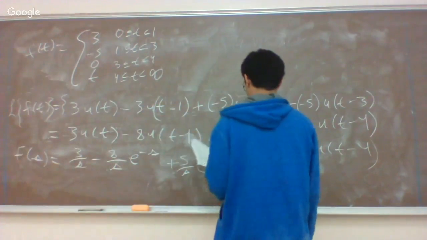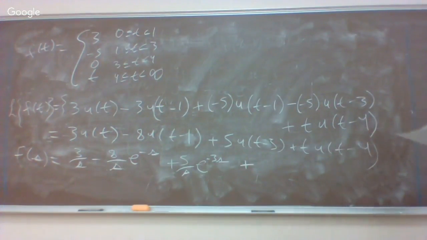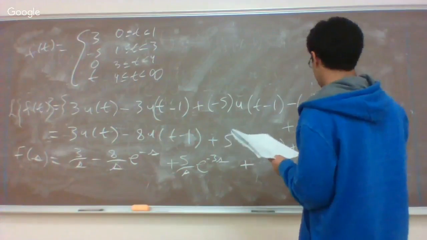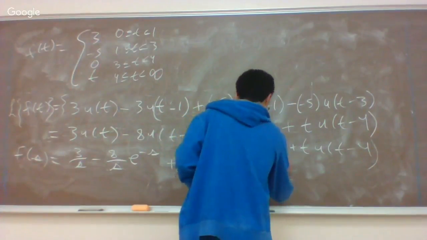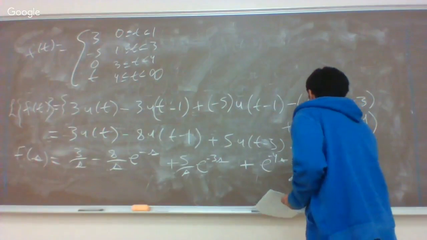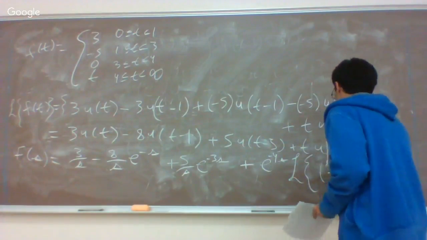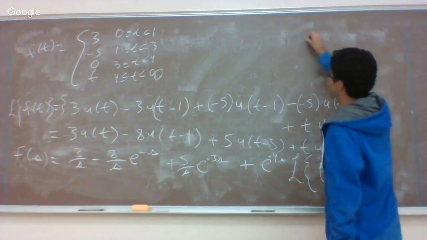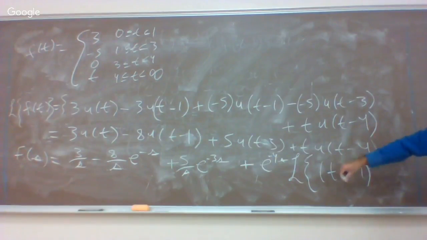So then this last part, it's u of t minus 4, so then I have e to the minus 4s. But I have to do the Laplace of t, which is t plus 4. Right? What is it, s squared?